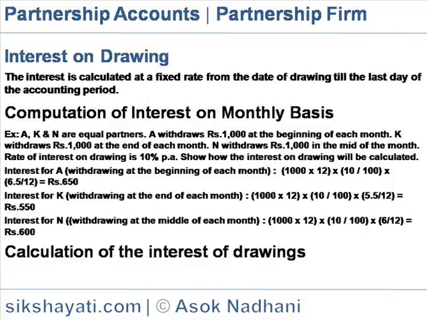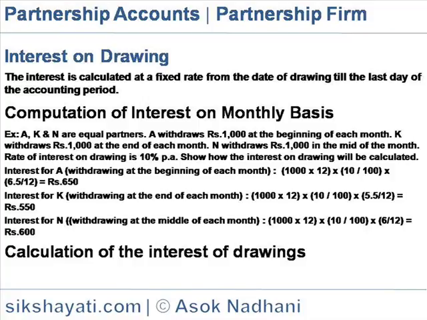For the last month he is paying at the end of the 12th month, so no interest for that month. So that is equal to 66 months. So the effective average period is 66 by 12, which is equal to 5.5 months. So the interest on drawing would be 1000 into 5.5 into 10%, which is equal to rupees 550.